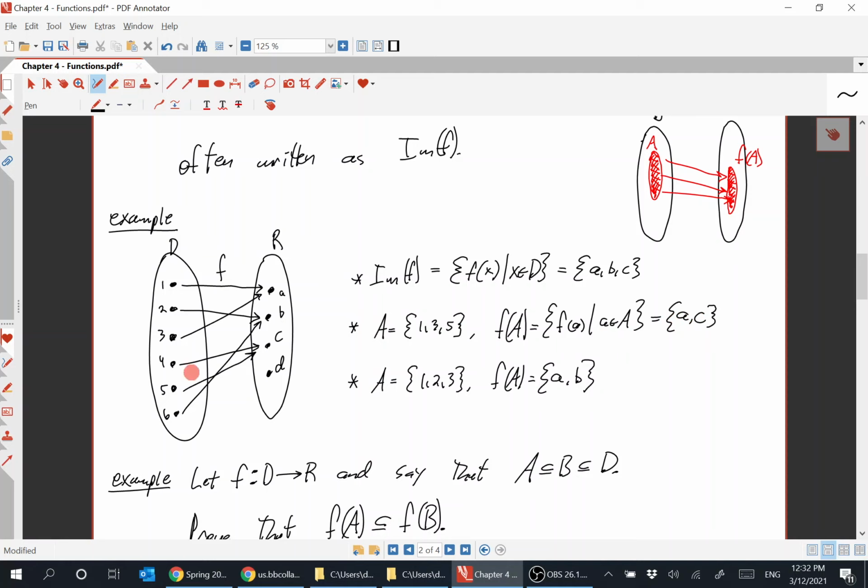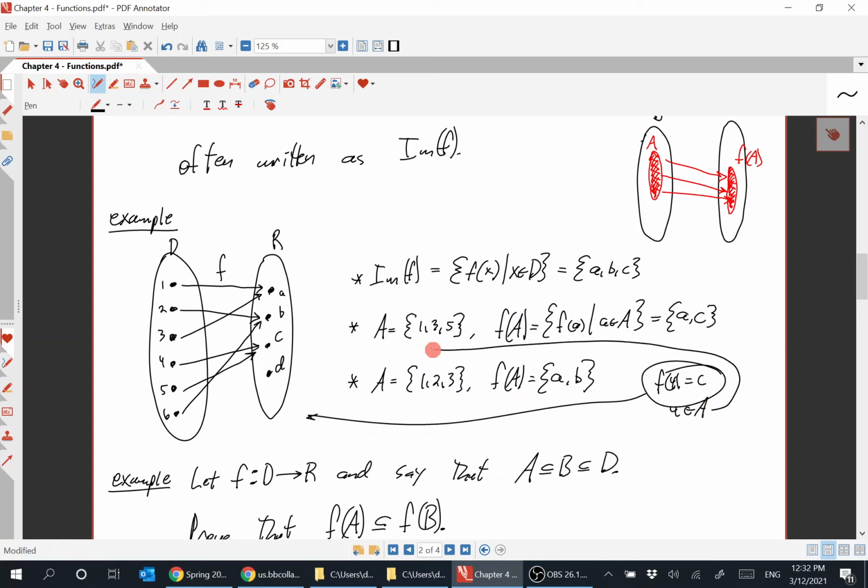But f of 4 is c in this picture, 4 goes to c, but 4 is not an element of the set A over here. So there's a subtle difference there with the image.